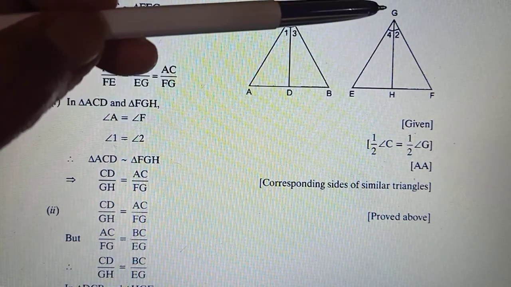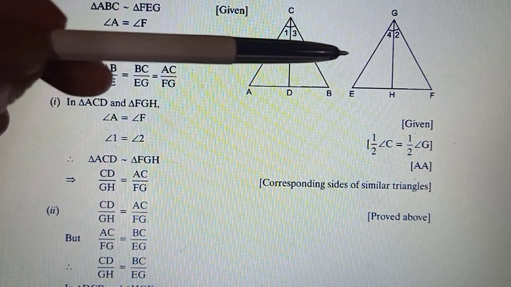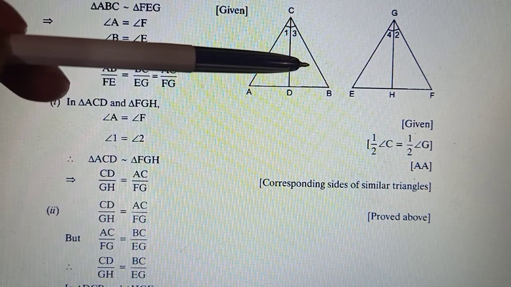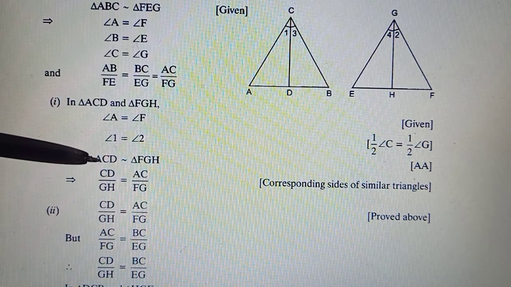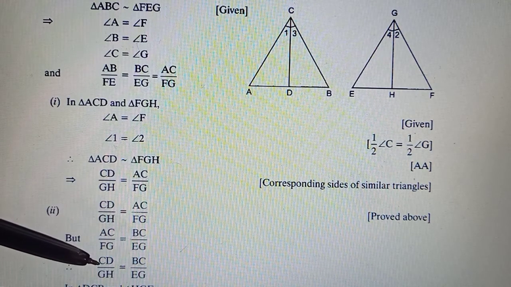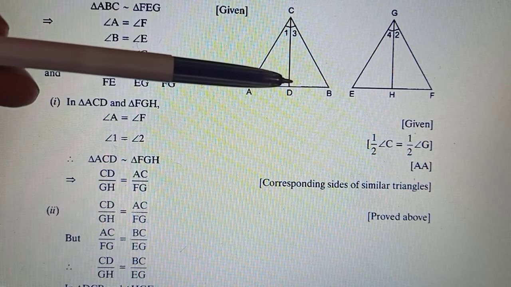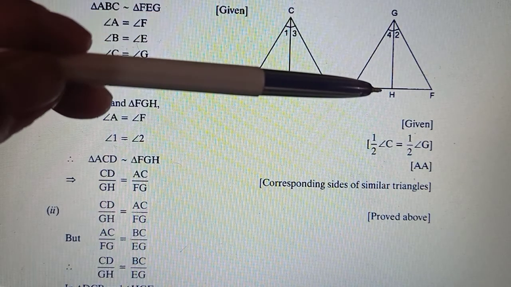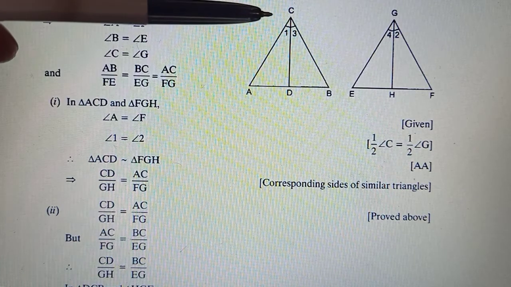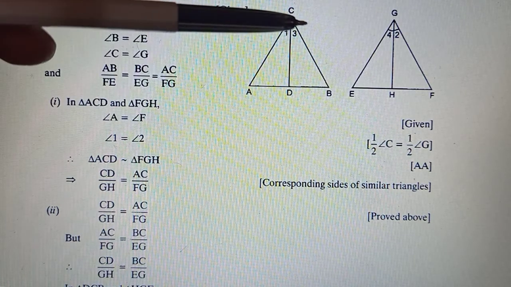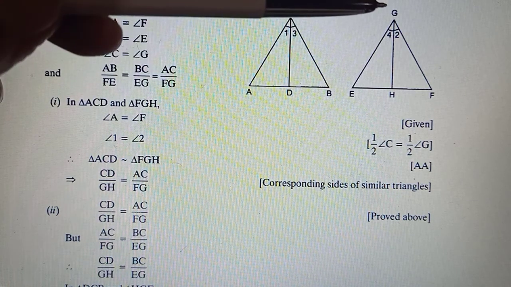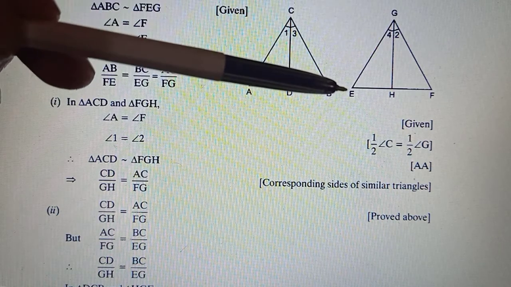So HGE. These two triangles have to be proved similar. Okay. So for that we already have this proportion in the second part, that CD of the first is proportional to GH of the second, which further is, BC of this is proportional to EG of the second.